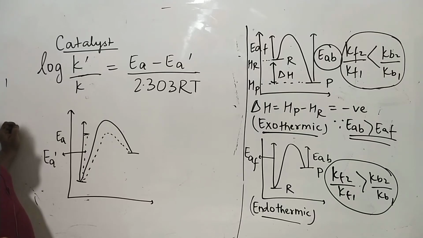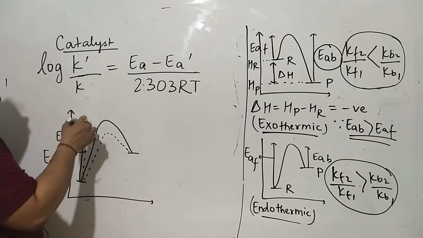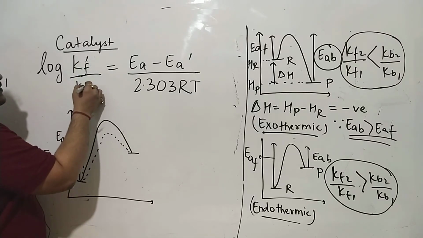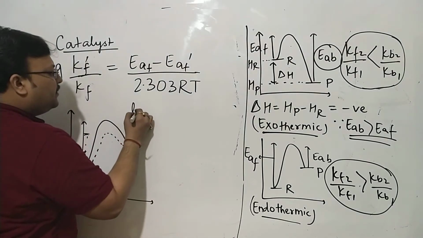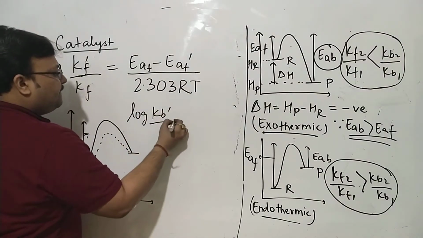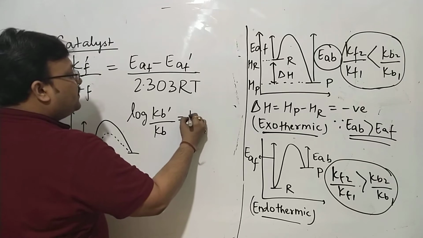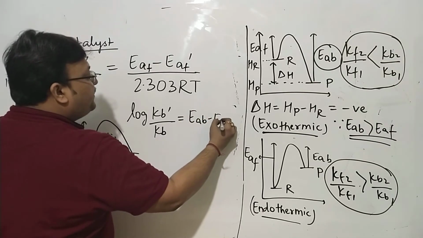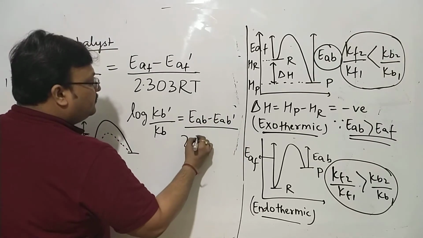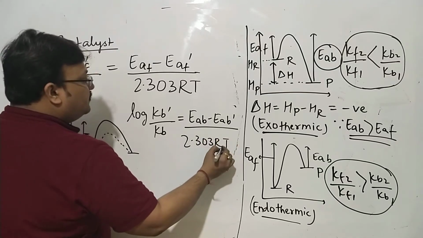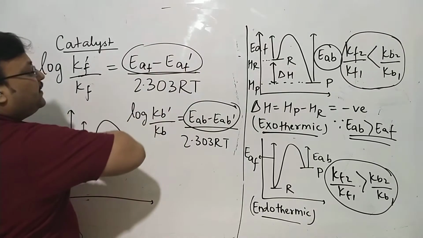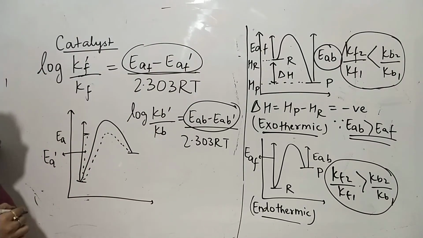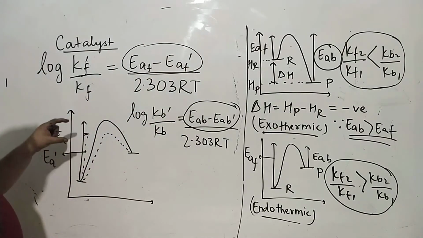And now if it is Kf and Kb, now EAF minus EAF prime, and if it is for Kb, then EAB minus EAB prime is how Kf and Kb change.